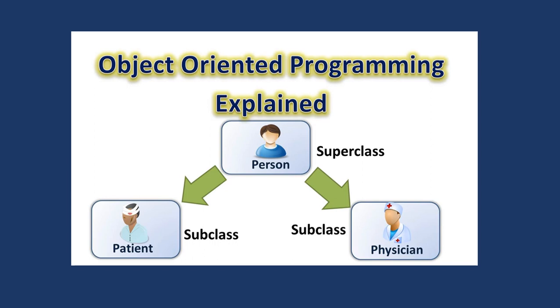In the previous slide there is a person, and there are two subclasses: patient and physician. Both were humans, both were persons, but with respect to their unique attribute values, one is considered a patient, another is considered a physician, a doctor.